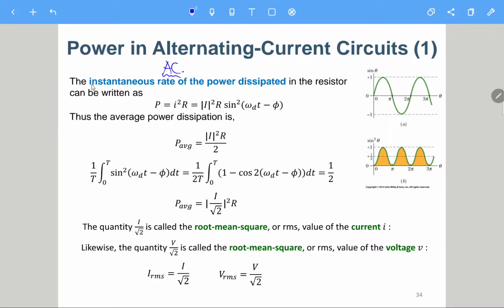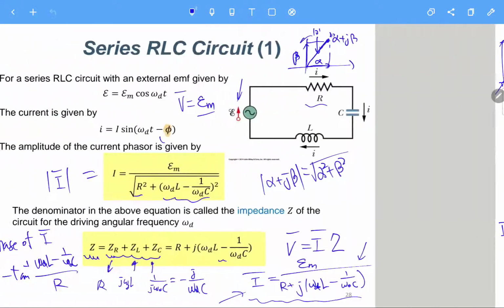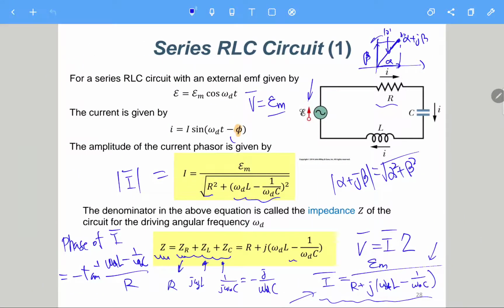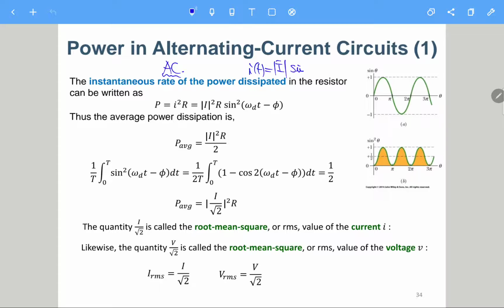And of course, we can still calculate the instantaneous rate of power dissipated by using this equation, which we are familiar with: P equals I squared R. And as we know, I of t is the absolute value of the phasor times sine of omega t minus phi.